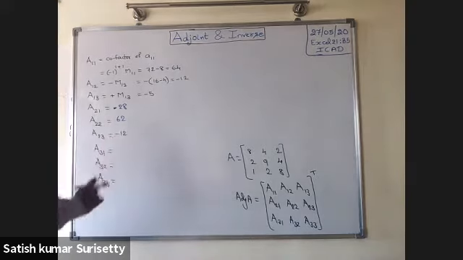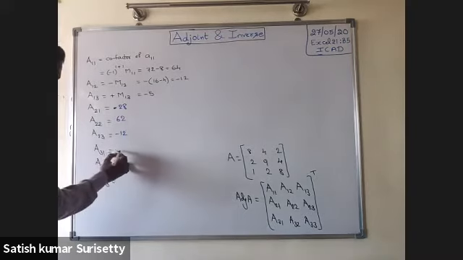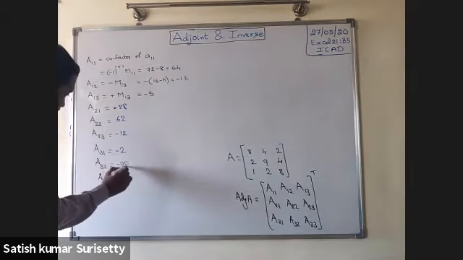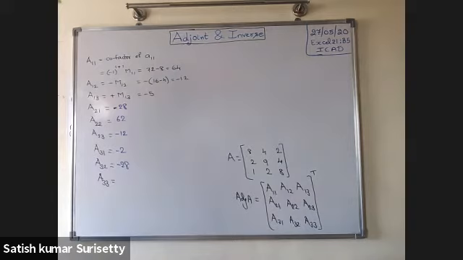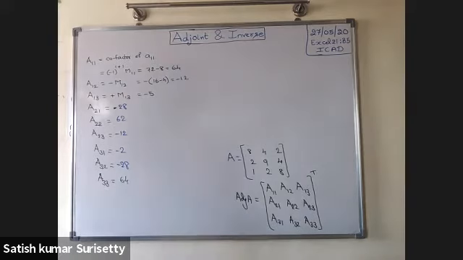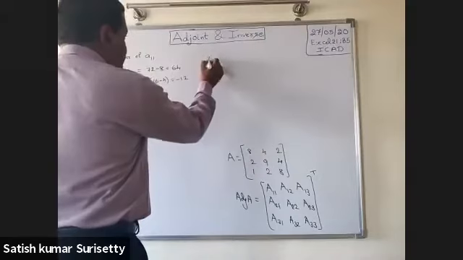A31: minus 2. A32: minus 28. A33: 64. Now, so adjoint of A.